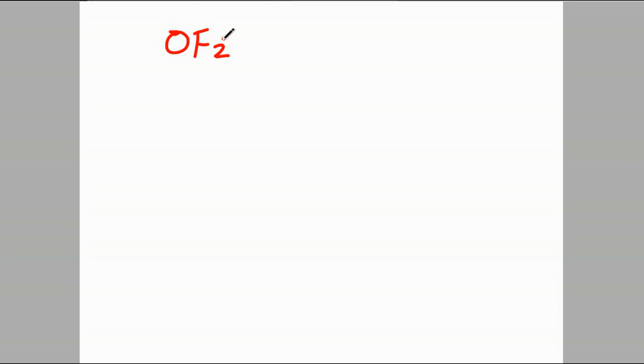Alright, oxygen difluoride, OF2. Let us assign x for the oxidation number of oxygen, and fluorine has -1 oxidation. Therefore x plus 2 times -1 equals 0, so x equals +2.